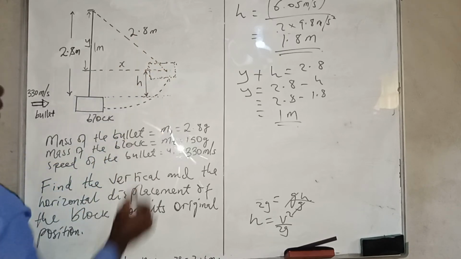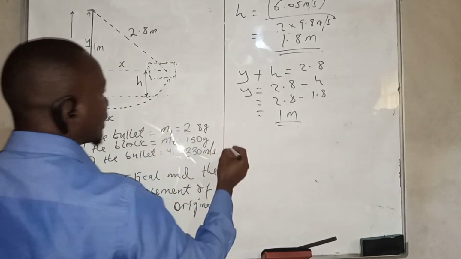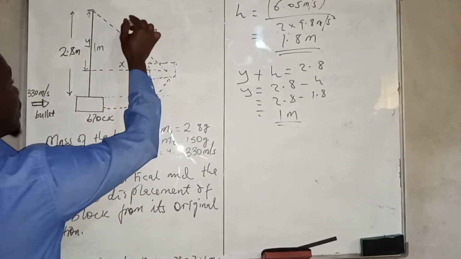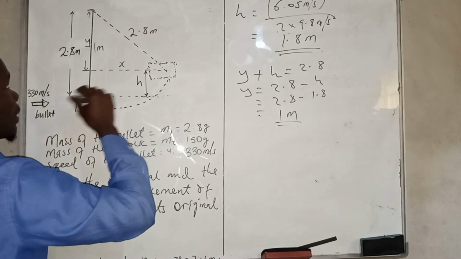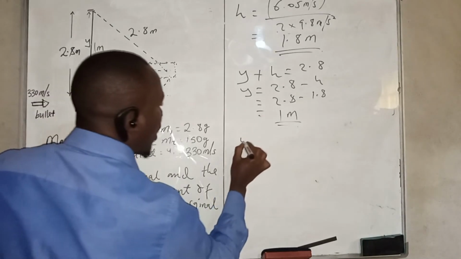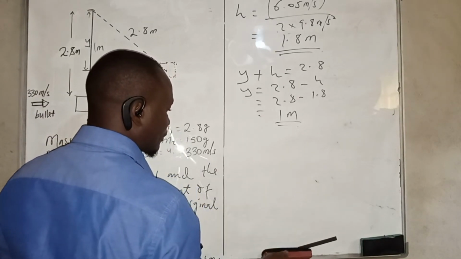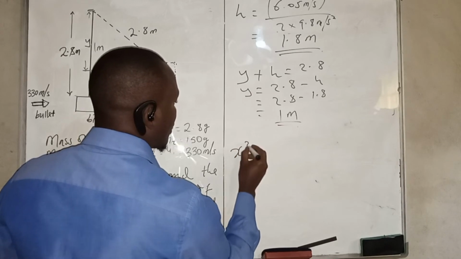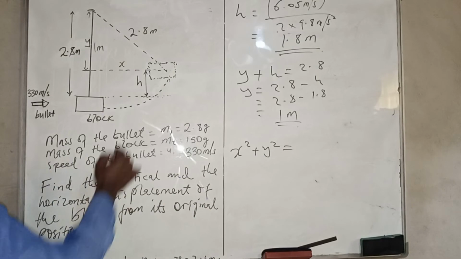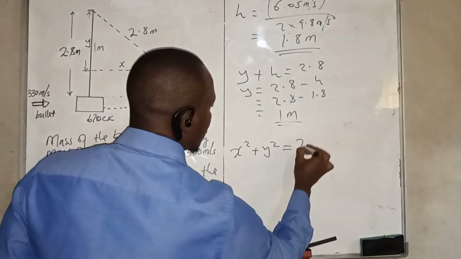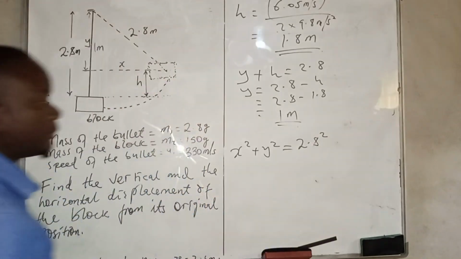Here we have x. So now, from Pythagoras theorem, we know that this one, which is the hypotenuse, is such that x squared plus y squared must be equal to 2.8 squared.